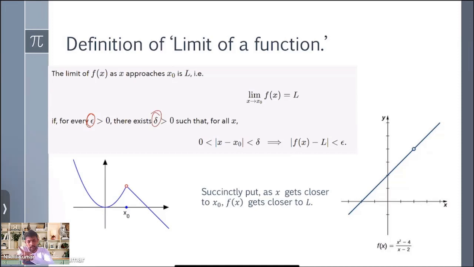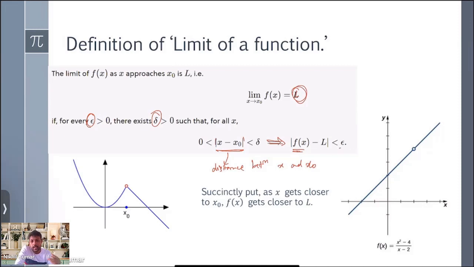When there exist epsilon and delta such that the modulus of x minus x naught, which represents the distance between x and x naught, is very small, this implies that the distance between f of x and this value L is also very small.